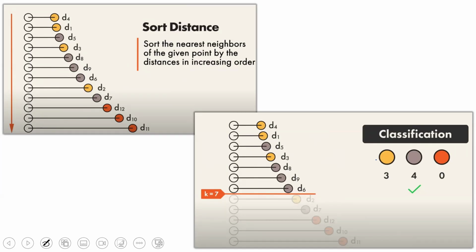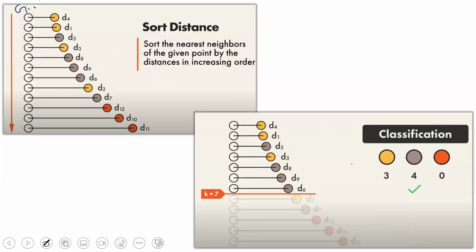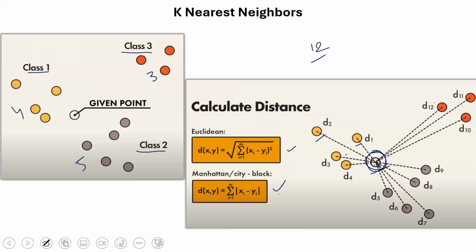So what this says is that the distance from the given point to D4 is the shortest distance. That means D4 is very close to this point. And after D4, D1 is the closest point to this given point.